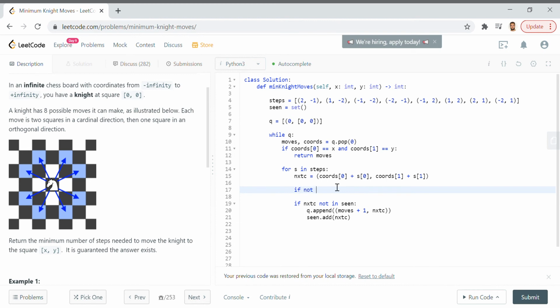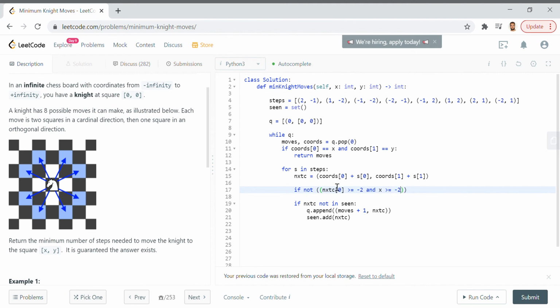So we'll say if not NXTC 0 is greater than or equal to -2, because remember, the knight can move down 2 spots, or left 2 spots, or right or up 2 spots. We need to allow a 2-spot buffer. So we'll say NXTC 0 is greater than or equal to -2, and x is greater than or equal to -2 as well.